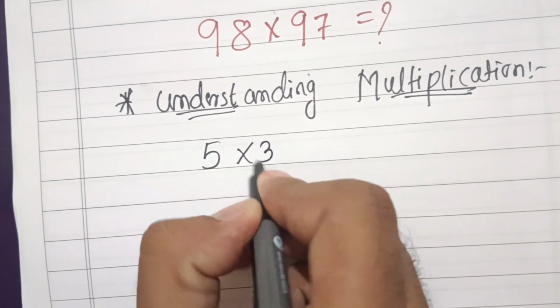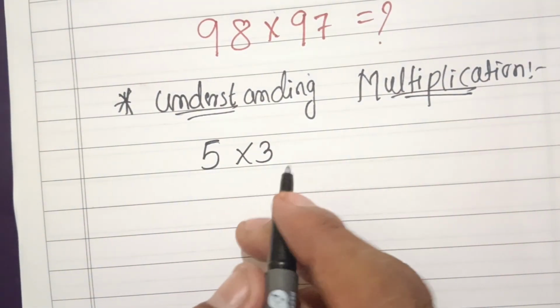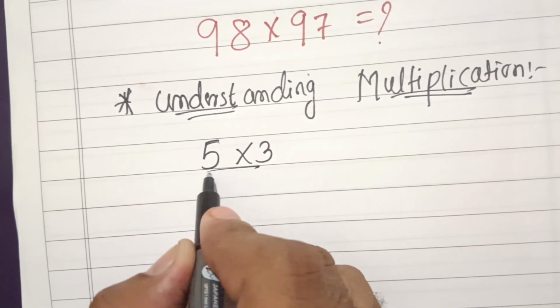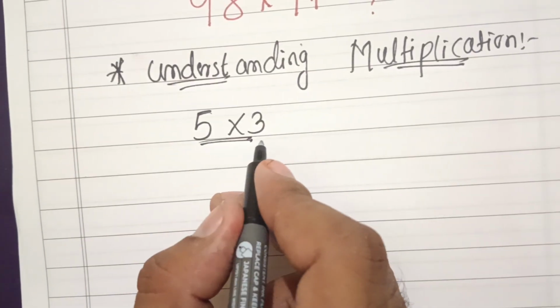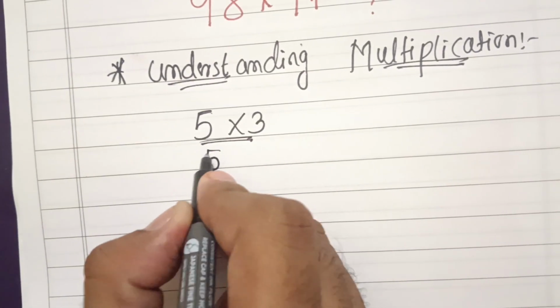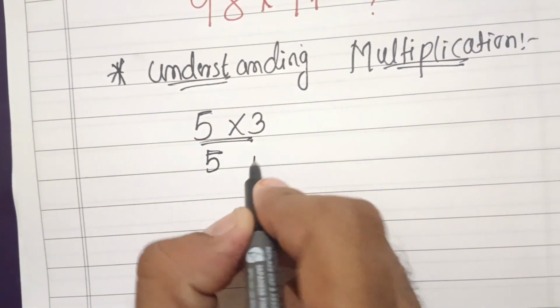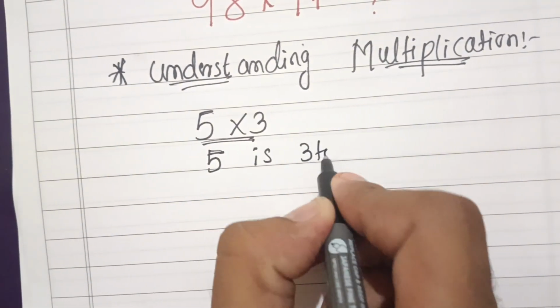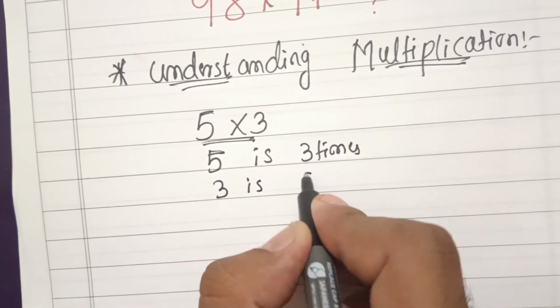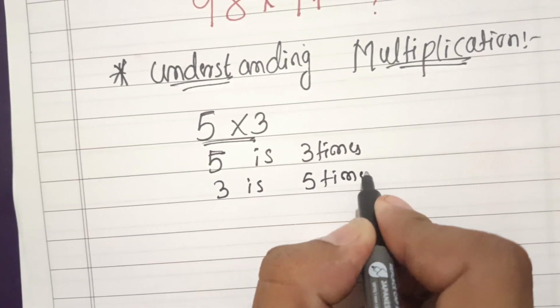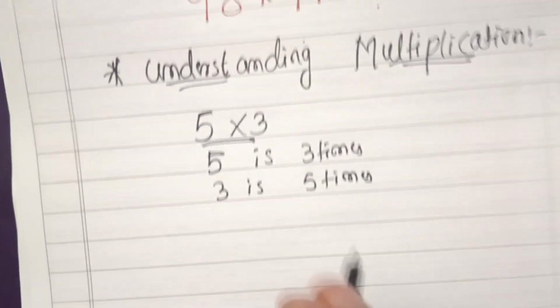Here I am writing 5 into 3. What does 5 into 3 mean? 5 into 3 means 5 is 3 times, or else we can say 3 is 5 times.